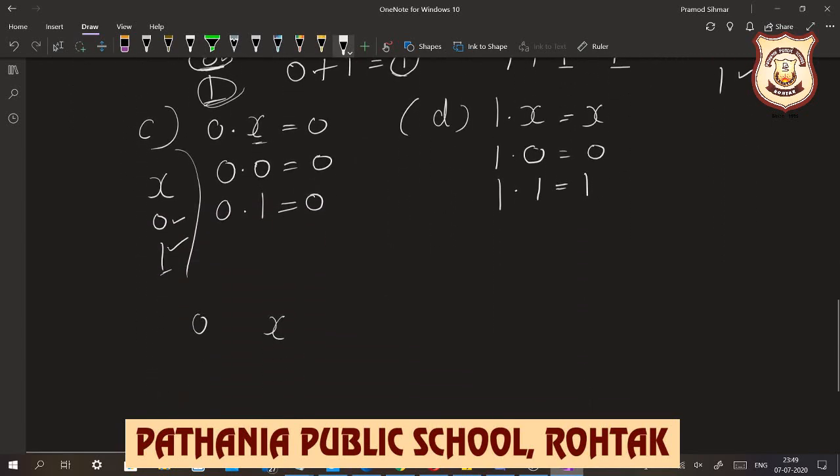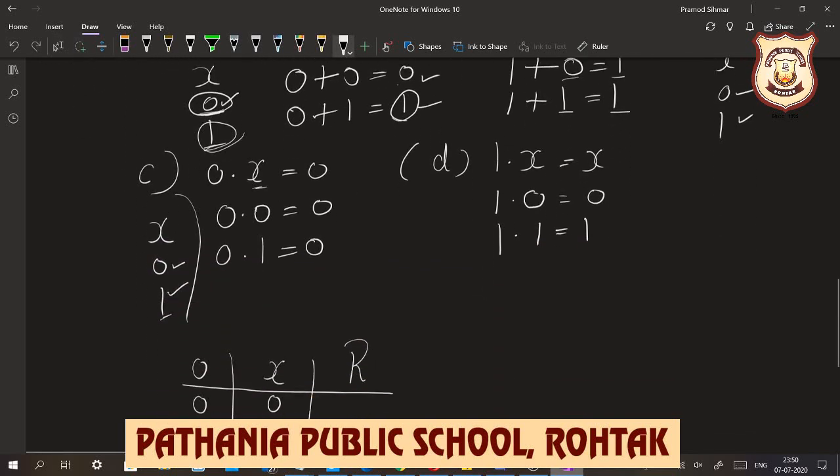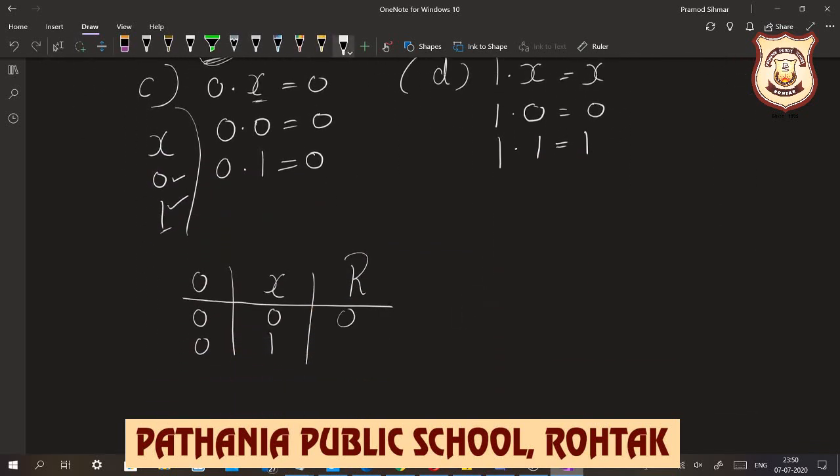So you can write down 0 and x, and here is your response. 0 is always 0, but x is either 0 or 1. So when you do the plus, your answer is always 0 and 1. So your responses are 0 and 1 here. So this is the truth table of your A.